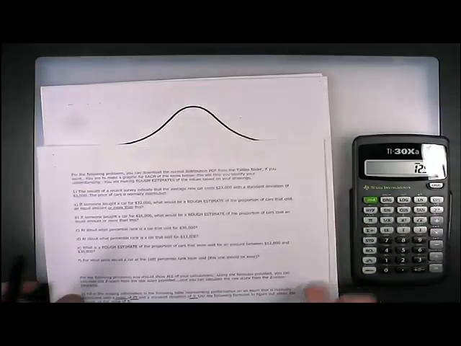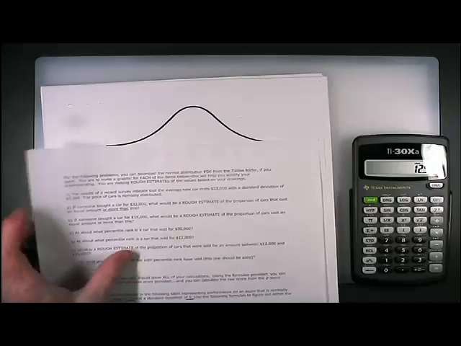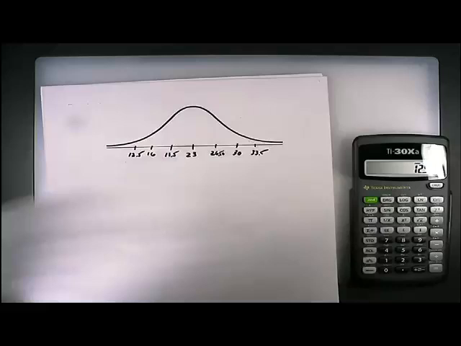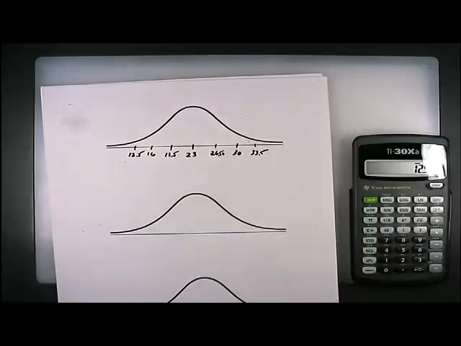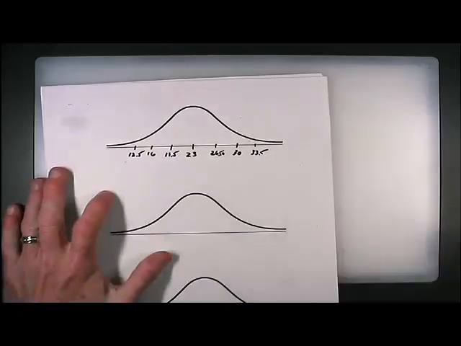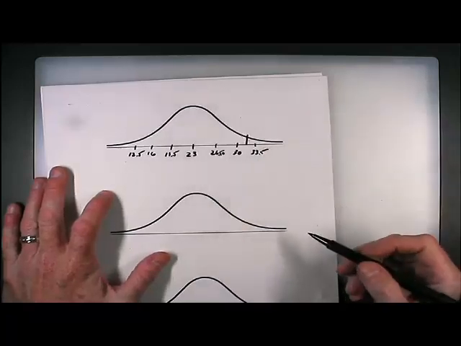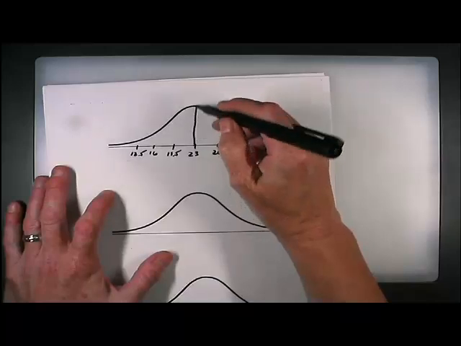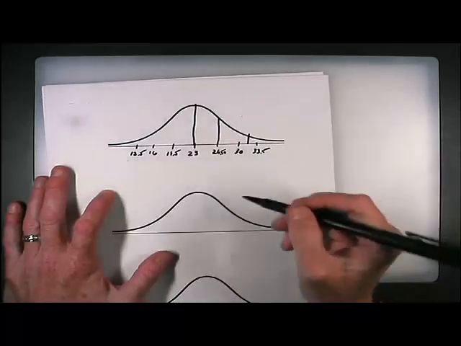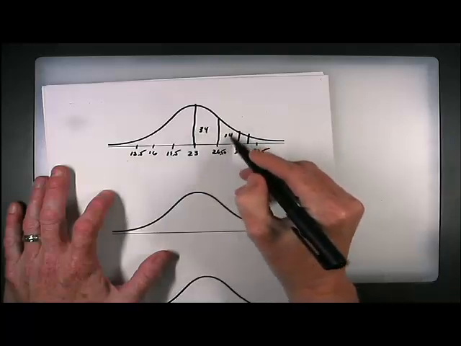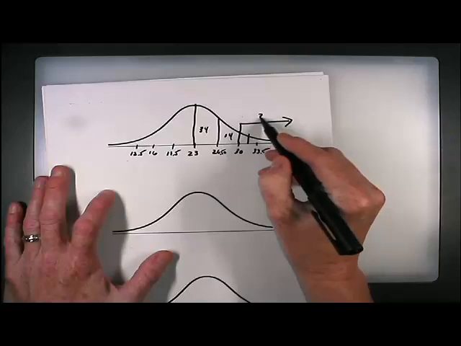It says, if someone bought a car for $32,000, what would be a rough estimate of the proportion of cars that cost an equal amount or more than this? So 32,000 is about here. What's this? 34. What's this? 14. And from here on out is 2%.